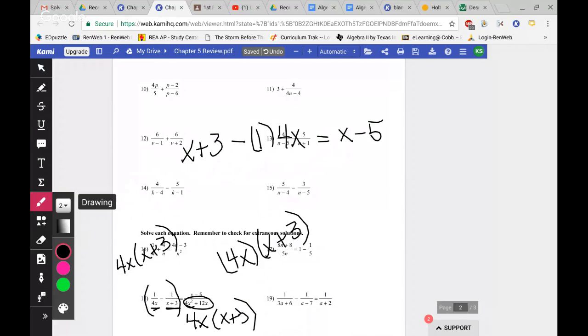That makes sense. Okay, so x plus 3 times 1 minus 4x equals x minus 5. And then x minus 4x is a minus 3x plus 3 equals x minus 5.